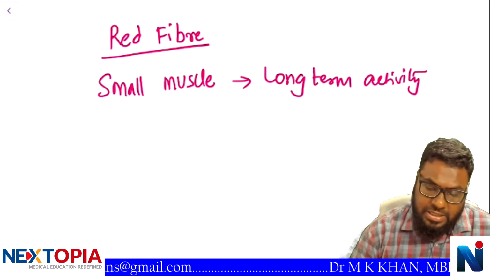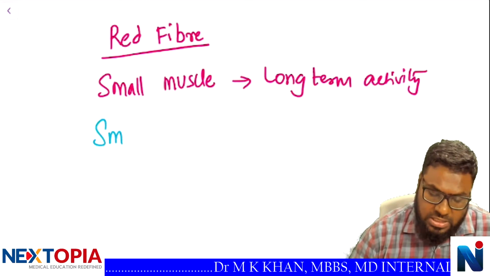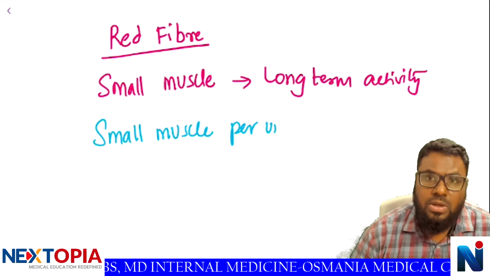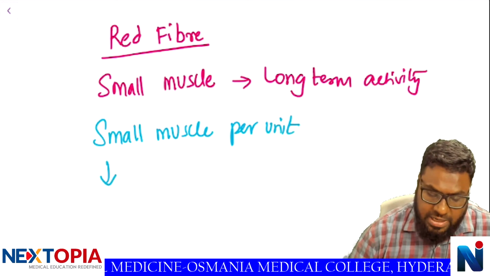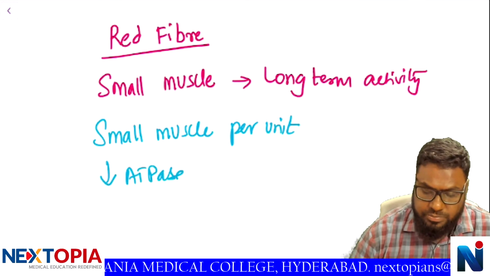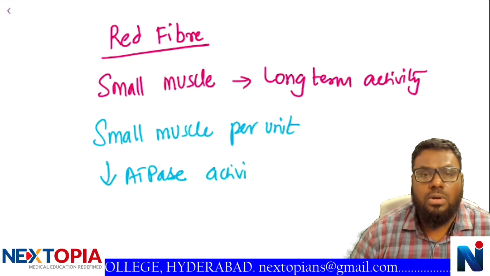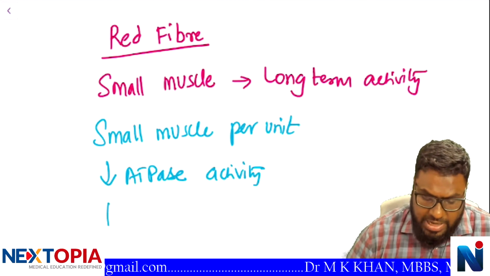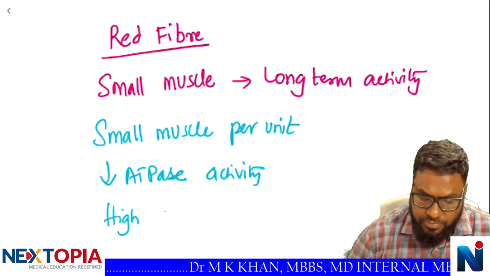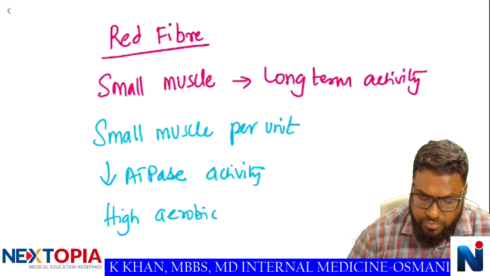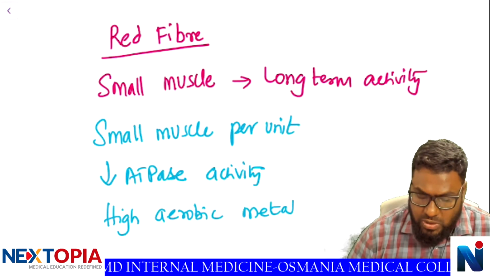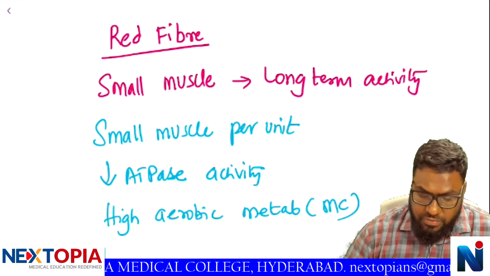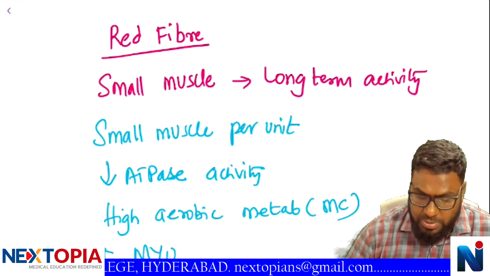What are the important characteristics of red fiber? It has a small muscle per unit. It has low ATPase activity, exactly the opposite. It has high capacity of aerobic metabolism because of changes in the mitochondria, and it is very rich in myoglobin protein.